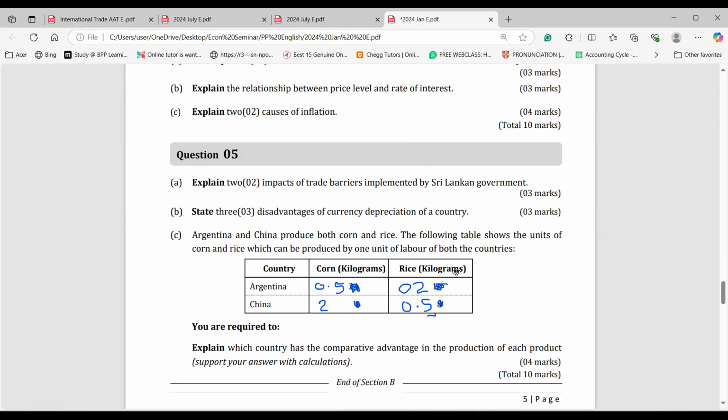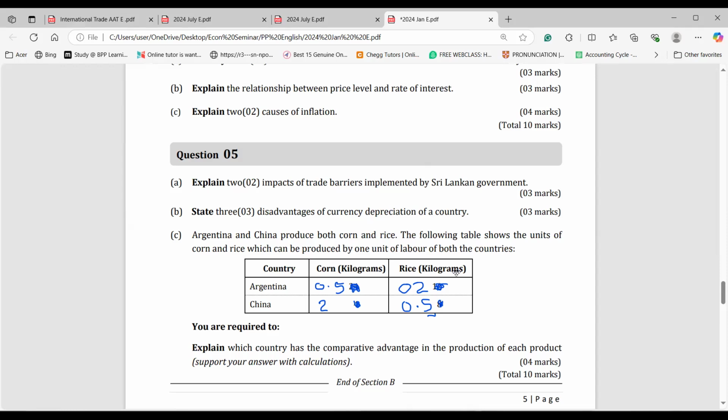Argentina 0.5 for corn, the opportunity cost for 1 unit of corn, rice 2 units. China for corn 2 units, rice 0.5.